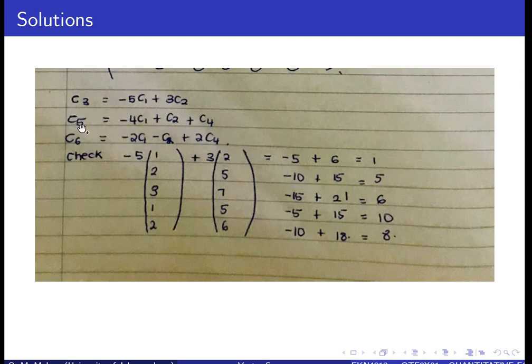Remember, these are linearly dependent columns. I can express them as a linear combination of linearly independent columns, right? That's why I skipped C3, because C3 is linearly dependent. So I use C4 because C4 is linearly independent, right?